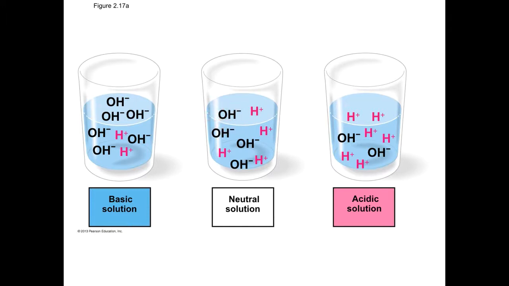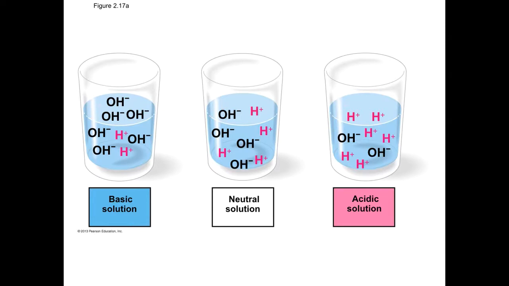In a basic solution over here, something has absorbed the hydrogen ions, and that causes a production from the water of these hydroxide ions. So now you have more hydroxide and less hydrogen. That's the sign of a basic solution. Remember, basic solution, pH greater than 7.